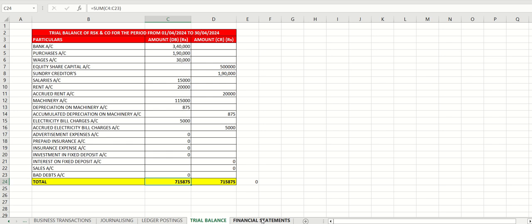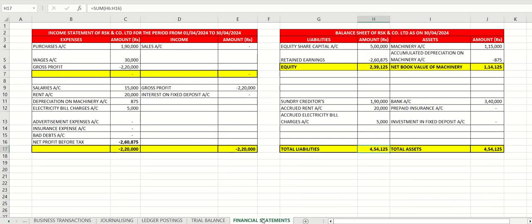Now let's move to the last phase, which is the financial statement phase, and try to understand how this particular business transaction is supposed to be reflected in the financial statement. This electricity bill charges, being an expense, should be debited as an expense in the income statement. These electricity bill charges are being incurred, but we are yet to pay.